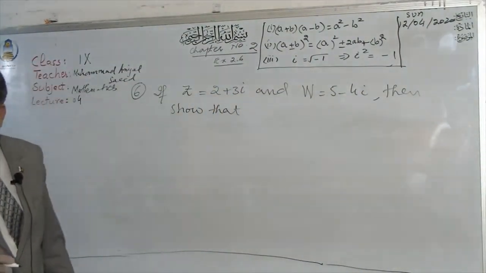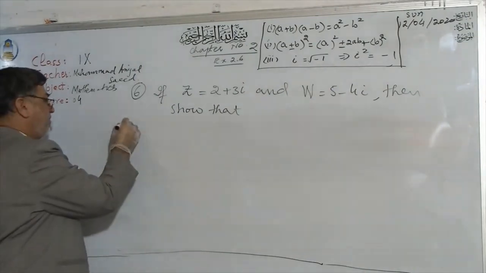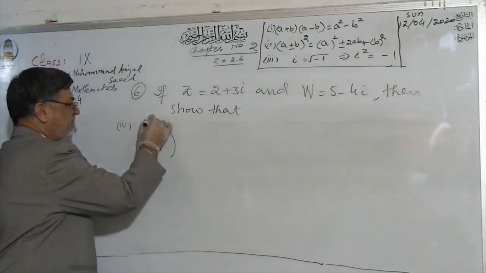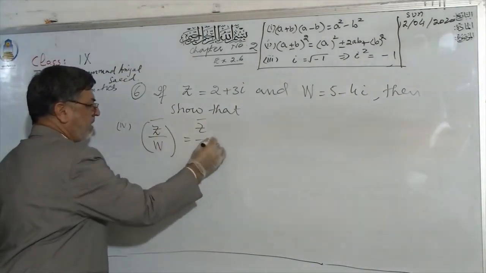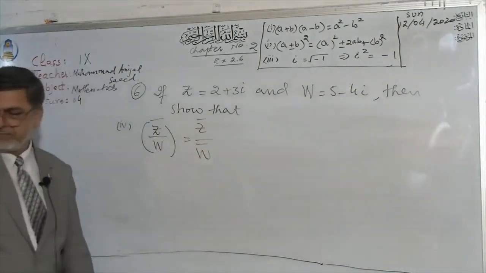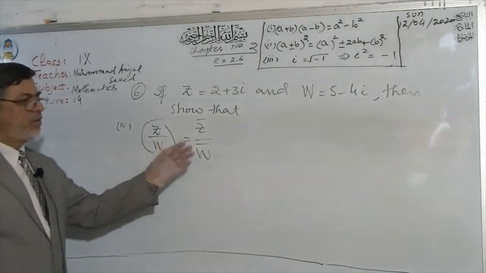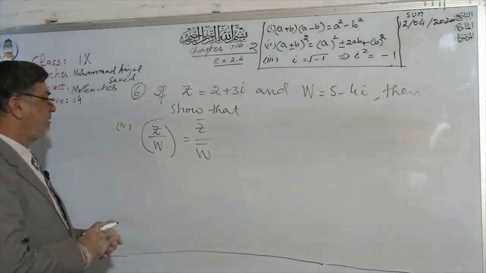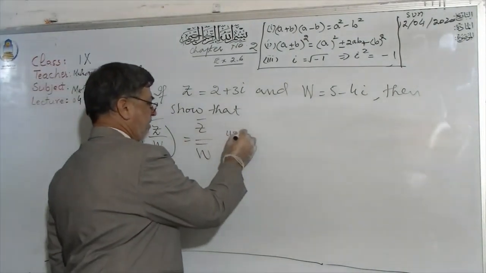Number 4: Z over W whole bar is equal to Z bar over W bar. Again we have to prove that left hand side is equal to right hand side using values.